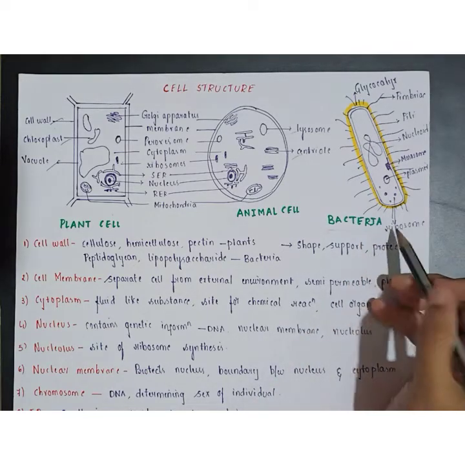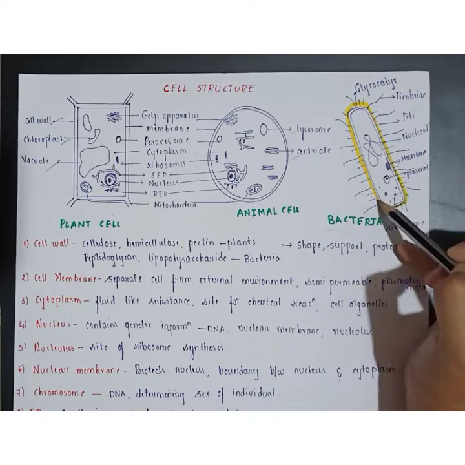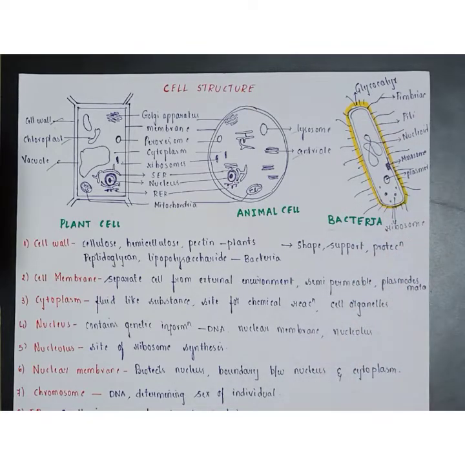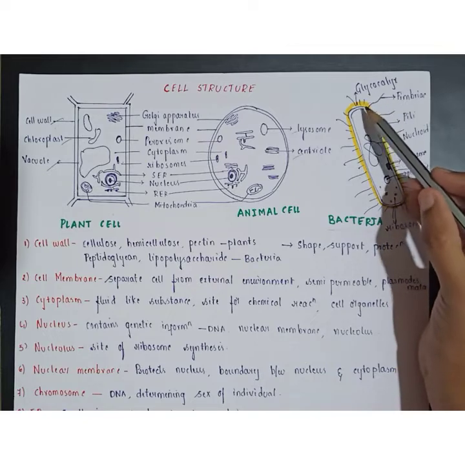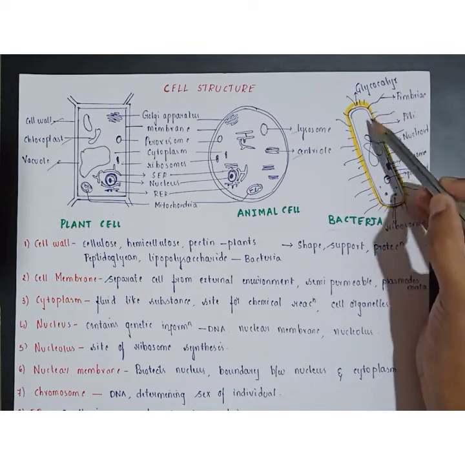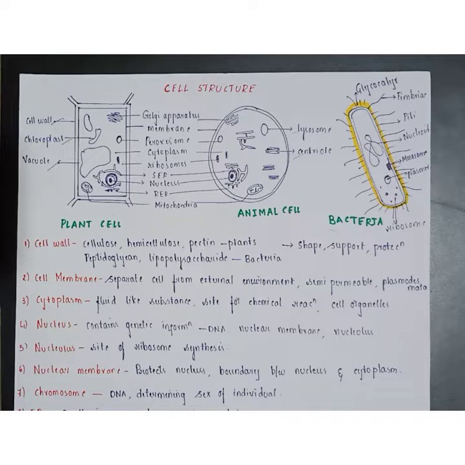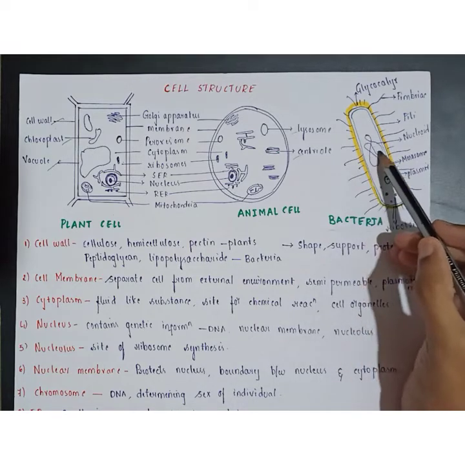If we take this structure, bacteria contain an outer slimy layer called glycocalyx. Inner to glycocalyx it contains the cell wall, then the cell membrane, and the inner one is cytoplasm. It does not contain a nuclear membrane, and hence it is called a nucleoid.